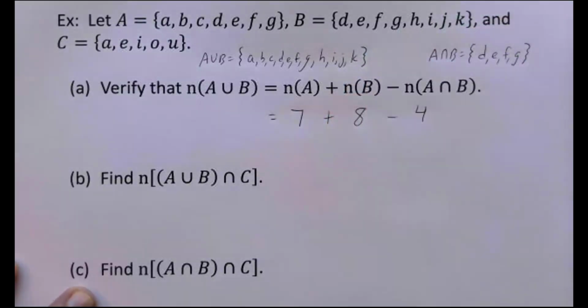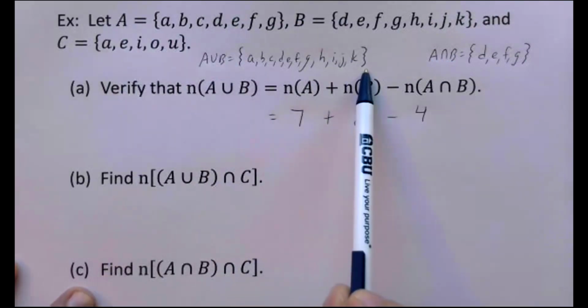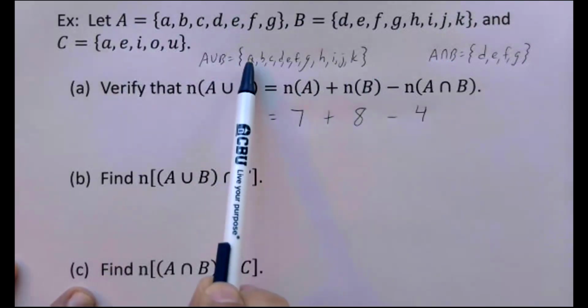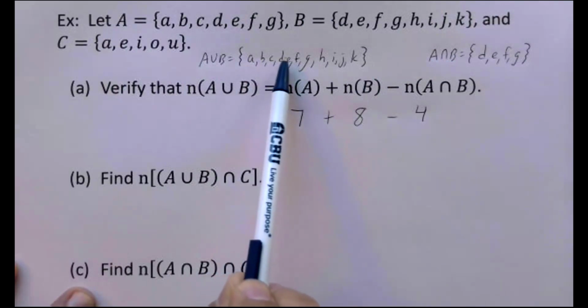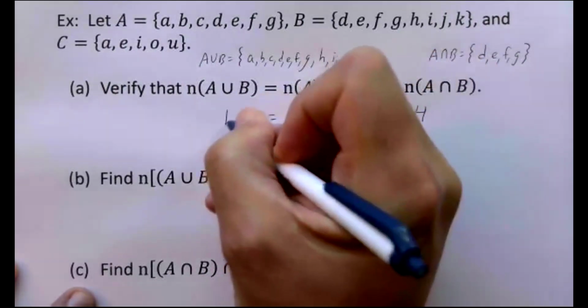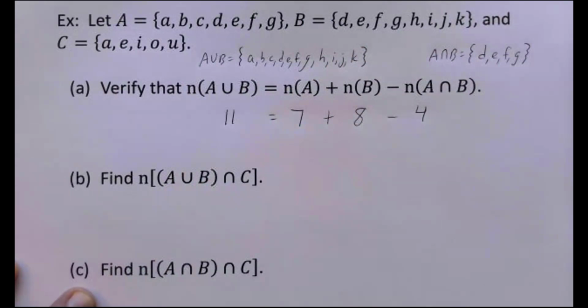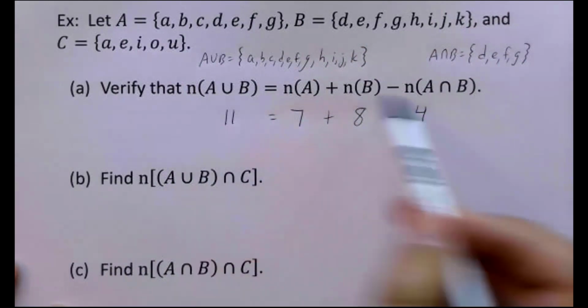When I'm talking about the union of these two sets, there it is. Just throw them all together. But how many things are in there? 1, 2, 3, 4, 5, 6, 7, 8, 9, 10, 11. The number of elements in A union B equals 11. Is this a true statement?